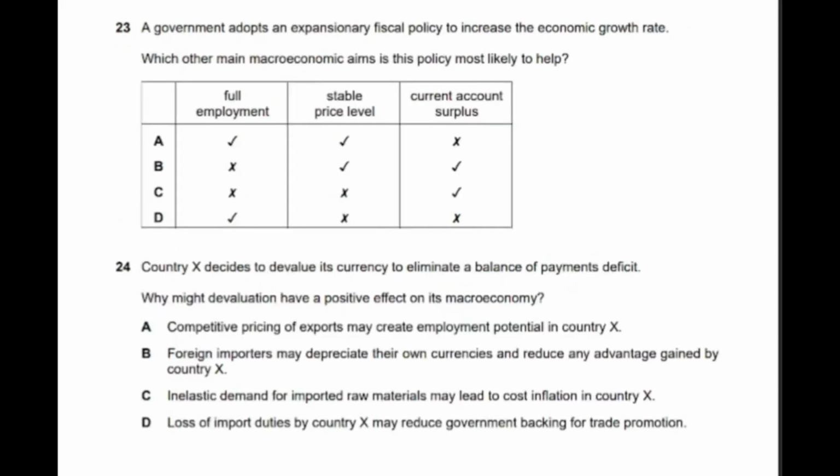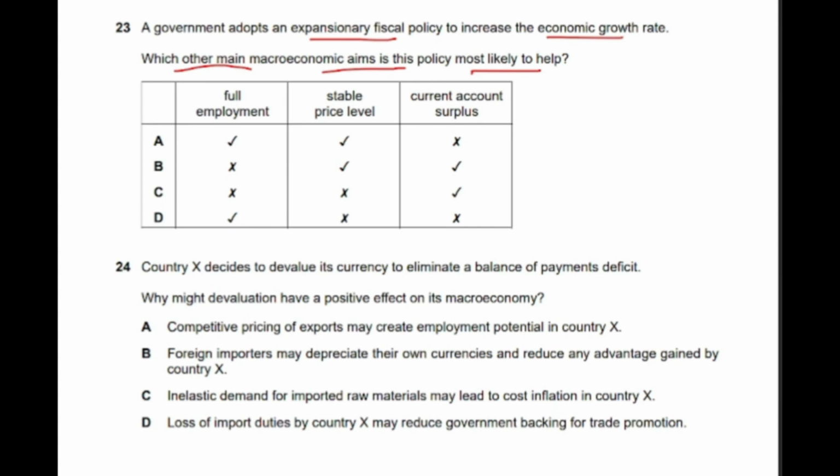Question 23 says, a government adopts an expansionary fiscal policy. Expansionary fiscal policy is when government reduces taxes and increases government spending and increases aggregate demand to increase economic growth, right? Which other main macroeconomic aim is this policy most likely to help?